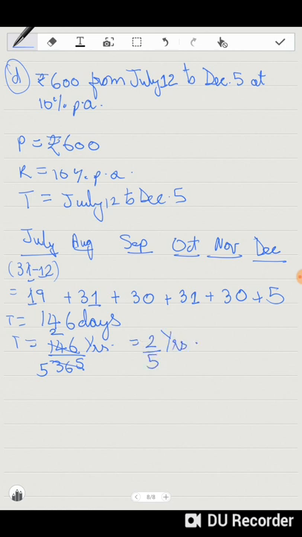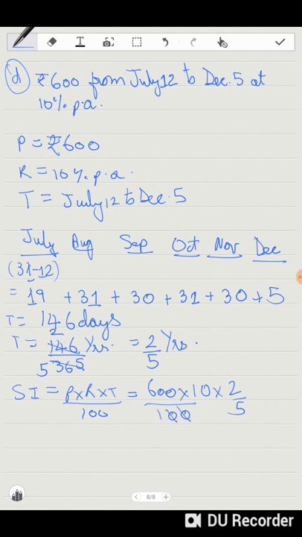That's it. Now it becomes a simple sum. Simple interest is P into R into T upon 100. So that will be 600 into rate 10% into time 2 upon 5 upon 100. 5 ones are 5, 5 twos are 10.